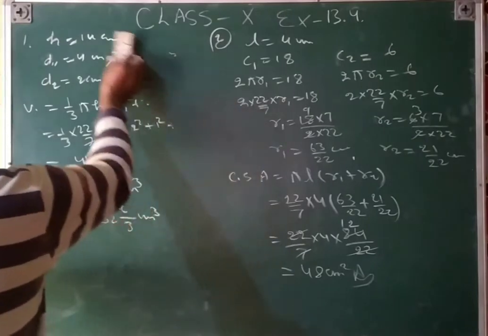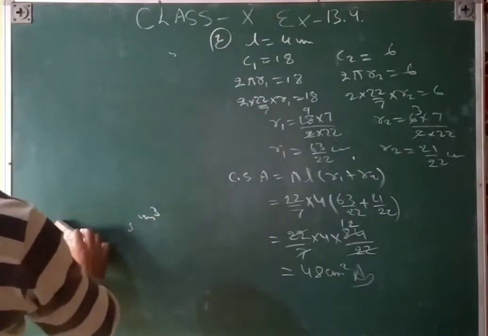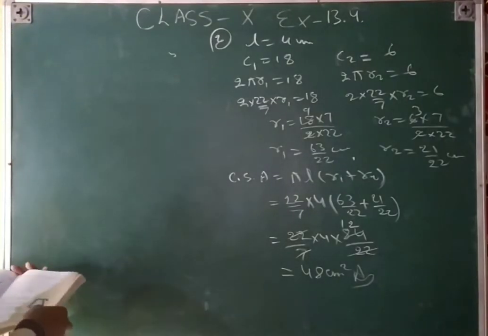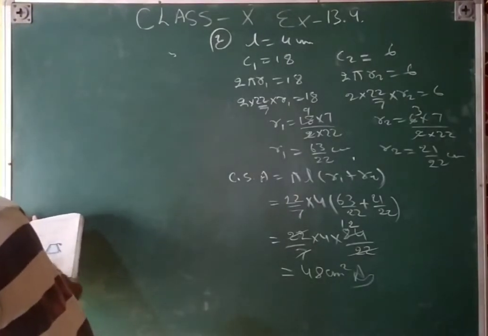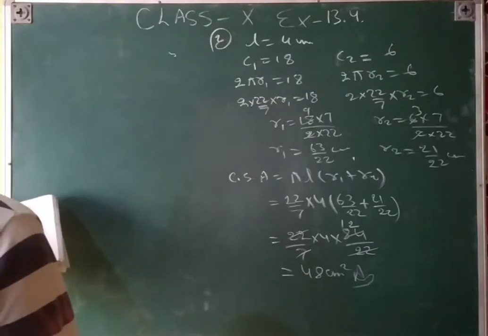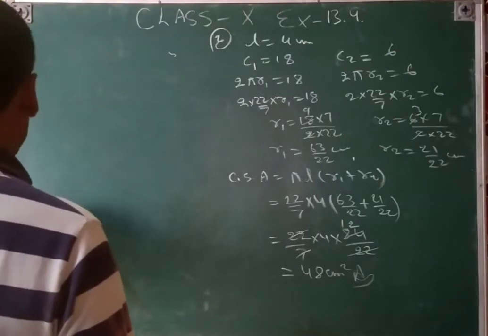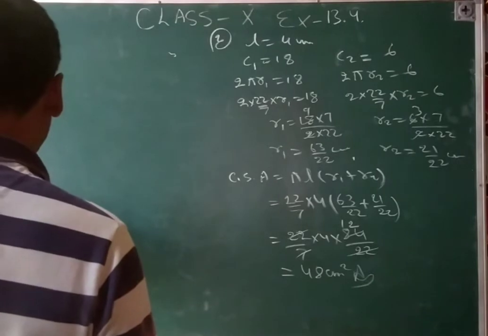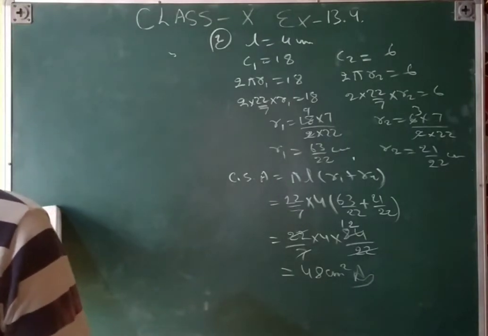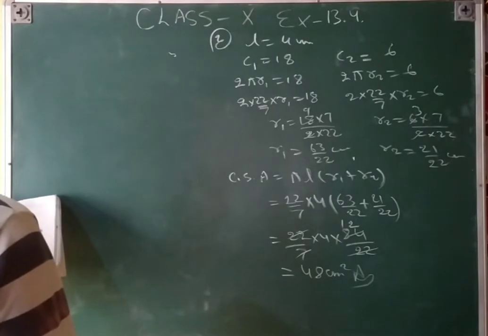And then the third question. You are looking at the diagram here also. A container of the shape of the cap used by the Turks is like the frustum of a cone. The radius of the open side is 10 centimeter and the upper side, the base, is 4 centimeter.